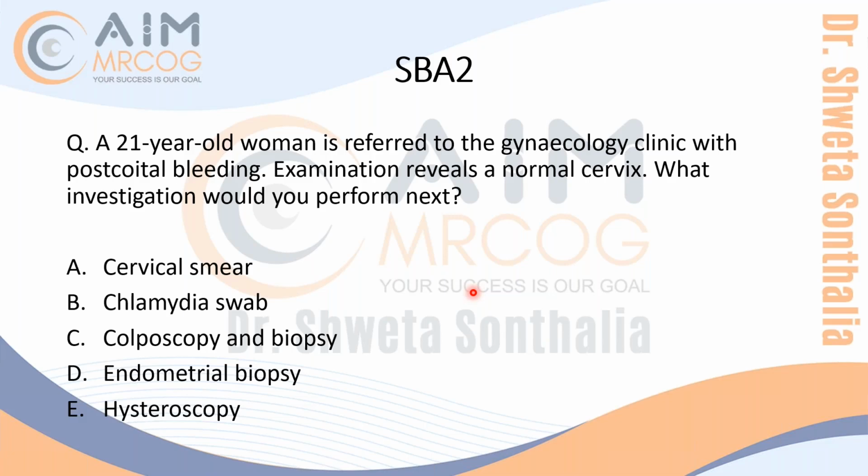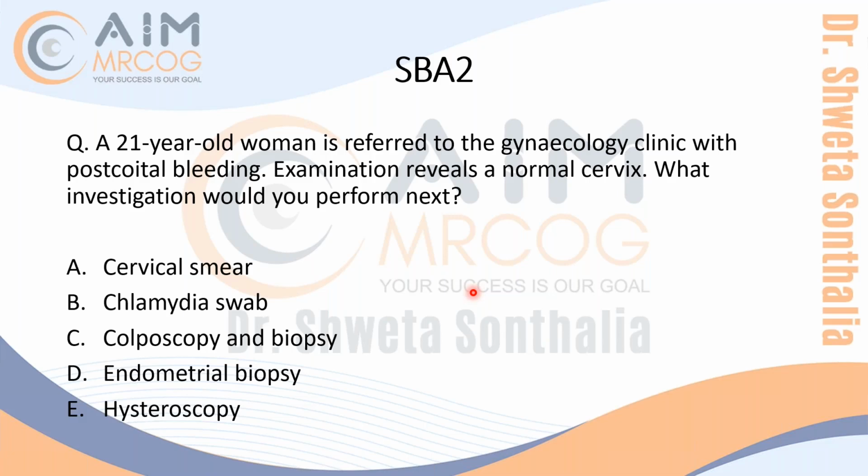Then infection, neoplasia, it can be benign or malignant, or some dermatosis like vulval, or trauma. Yes, you are very right, there could be many things. But usually, whether it is intermenstrual bleeding, postcoital bleeding, or unscheduled bleeding with contraception, you have to rule out 3 things.